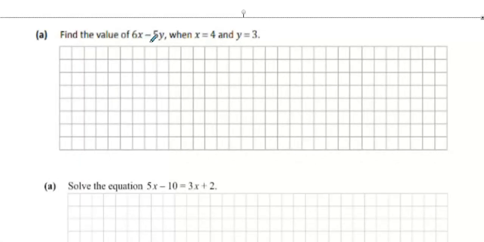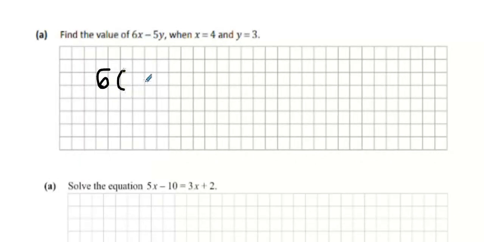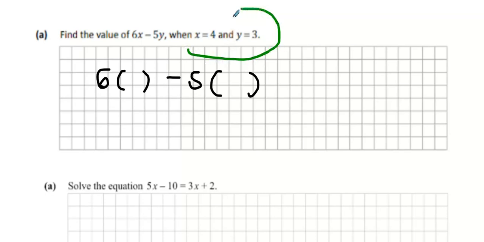How would you get marks with this one? What would you do? See the green bubble? What does that say? So replace x with the value and y with the value, and then just use your calculator.